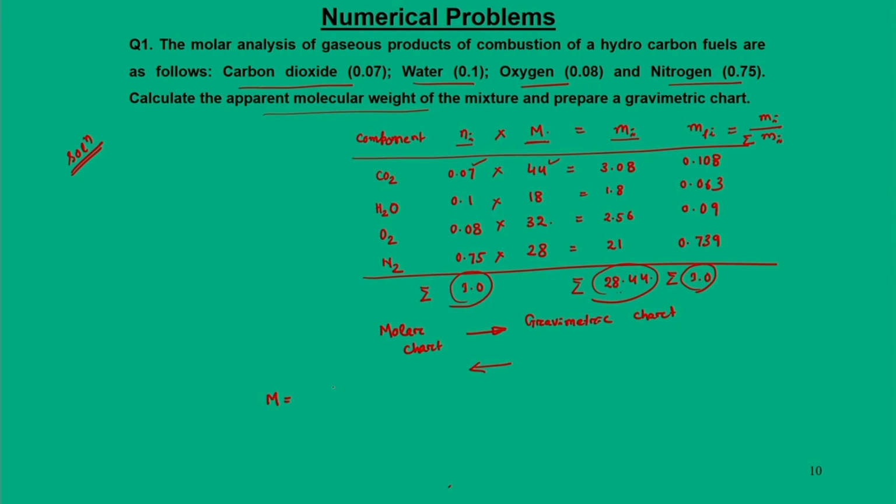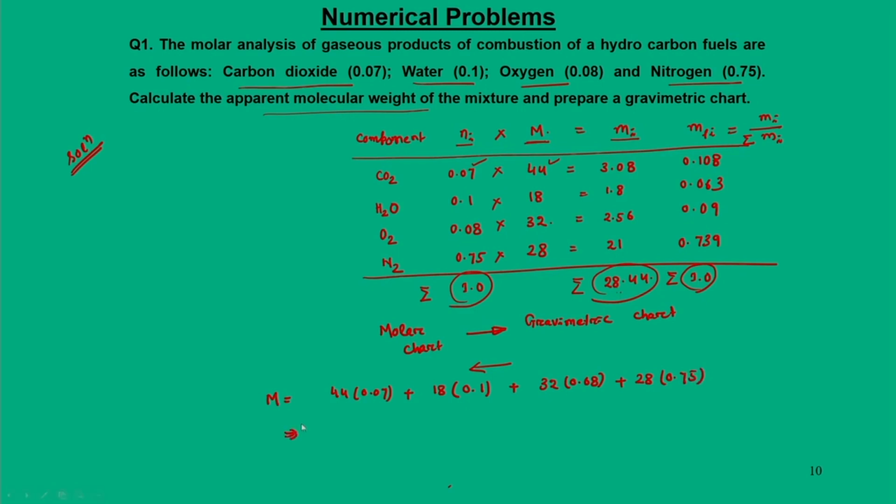So, we can write it as 44 into 0.07 plus 18 into 0.1 plus 32 into 0.08 plus 28 into 0.75.